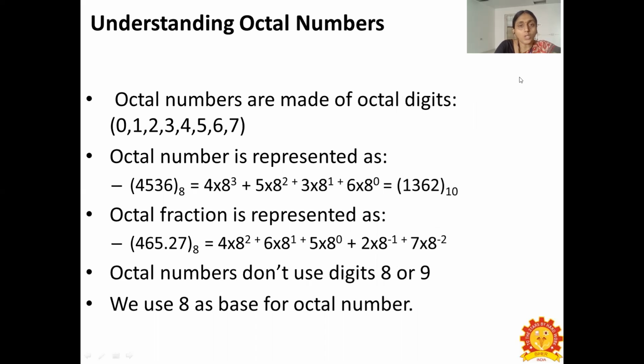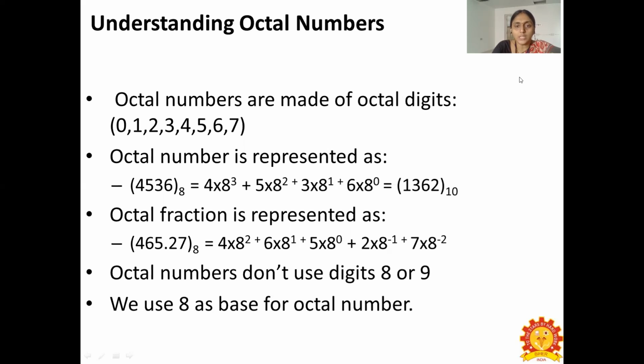And understanding octal numbers now. So octal numbers are made up of octal digits, which are 0, 1, 2, 3, 4, 5, 6, and 7. So an octal number, say 4536, can be represented in octal form as 4 into 8 power 3 plus 5 into 8 power 2 plus 3 into 8 power 1 plus 6 into 8 power 0.